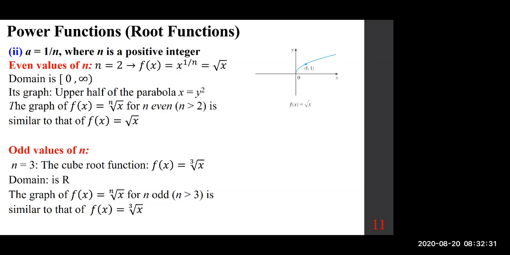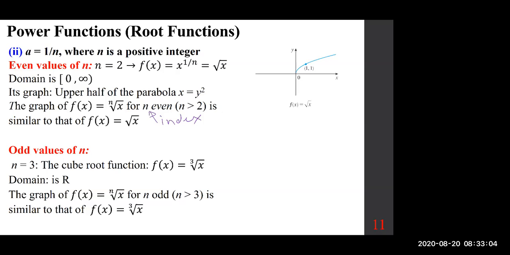When the index n, it's called the index, is even, the square root of x, the fourth root of x, or the sixth root of x look similar. Of course, the larger the index, the closer the graph is to the x-axis, the shorter the graph in essence.